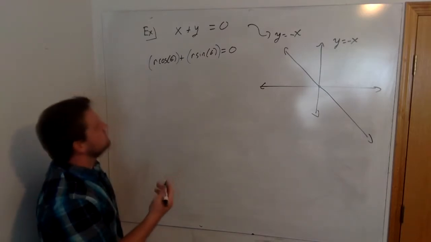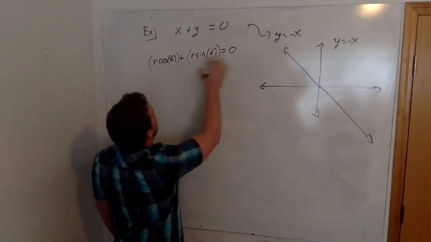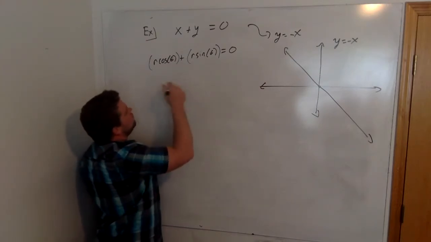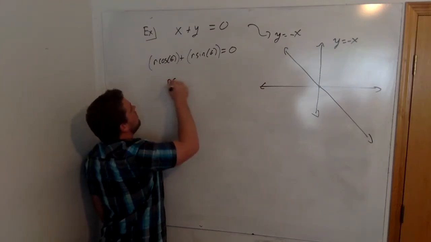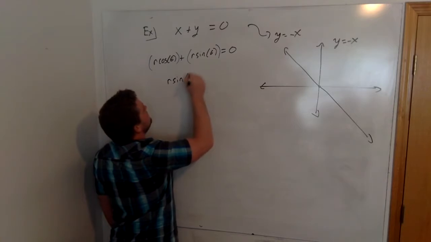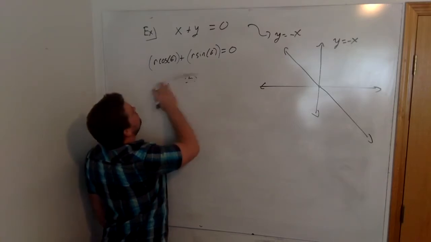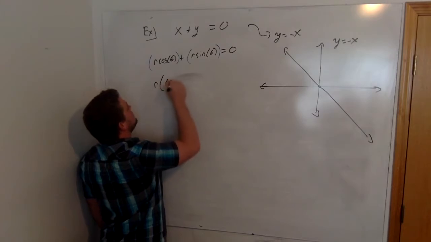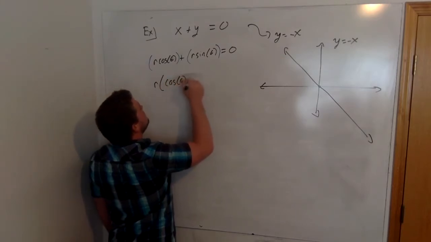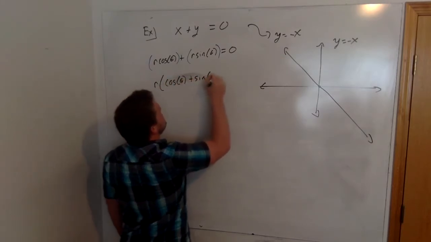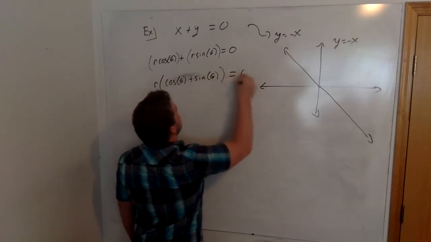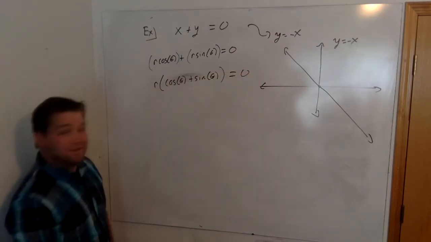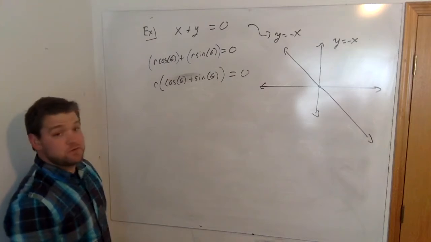Let's think about what to do from here. What if we moved things to one side? What if we factor out the r? So we could have r times the cosine of theta plus the sine of theta, and this could all be equal to 0. So this is saying a few different things.